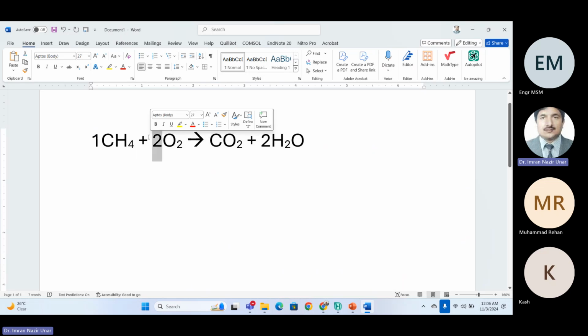So 2 is the stoichiometric coefficient of oxygen, and 1, if there's no number, it means 1 CO2 is produced and 2 moles of H2O are produced. So these 1, 2, 1, 2 are the stoichiometric coefficients of reactant and product.